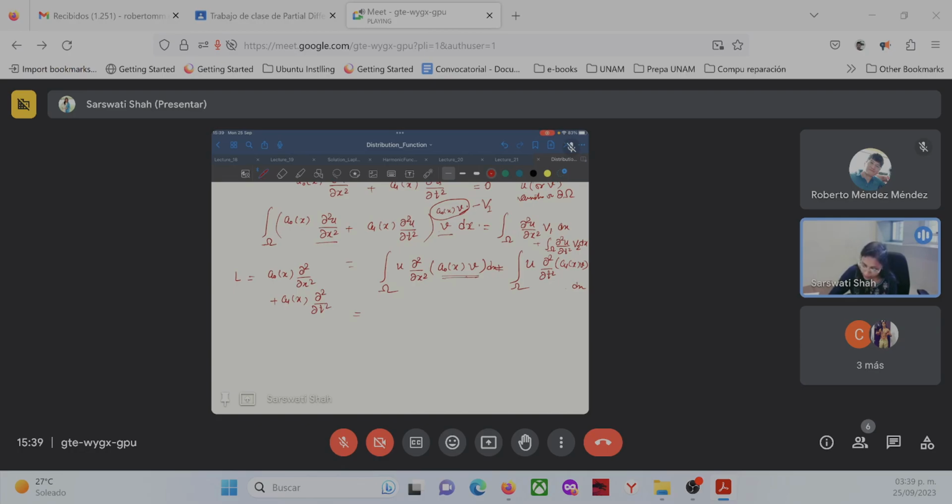However, here the L dash operator is defined as del 2 over del x square of a naught x v, plus del 2 over del t square of a1 x v. Is it clear how this operator is defined?